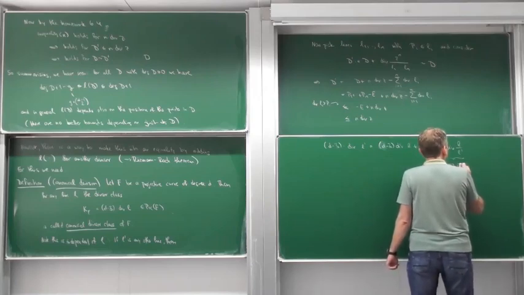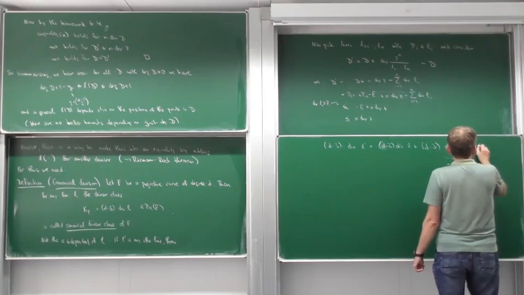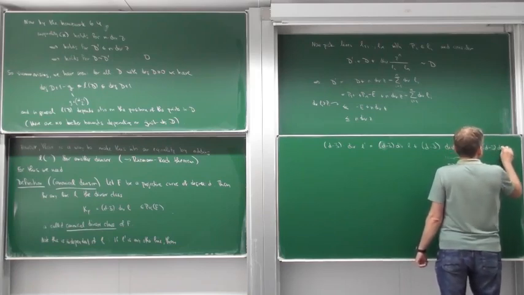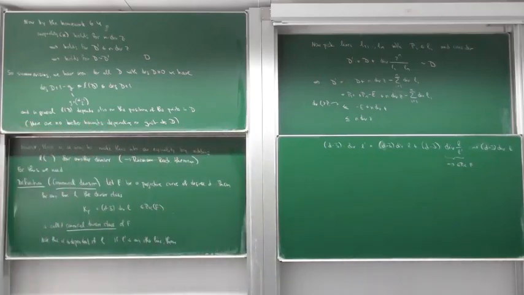So this will be 0 in Pic F. And so that means in Pic F as a class, it is equivalent to (d minus 3) div L. So the choice of line doesn't matter.